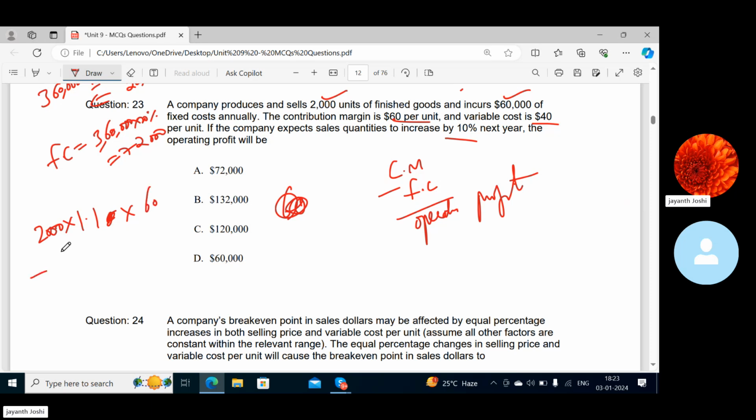Then the fixed cost we will remove because it's always fixed. Tell me the total. 1,32,000 minus 60,000 directly, 72,000. Shall we move forward?